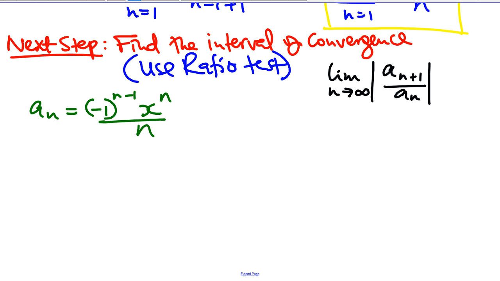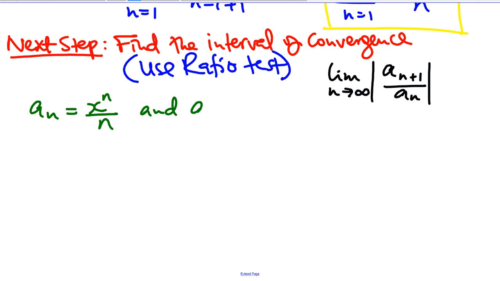Because you're taking absolute values, this is really unnecessary, because the absolute value of negative 1 to any power will just be 1. So that's why I'm going to ignore it, and I'll just write my a sub n as x to the power n. No, it doesn't make sense, but that's what it is. I've just explained why I'm doing that.